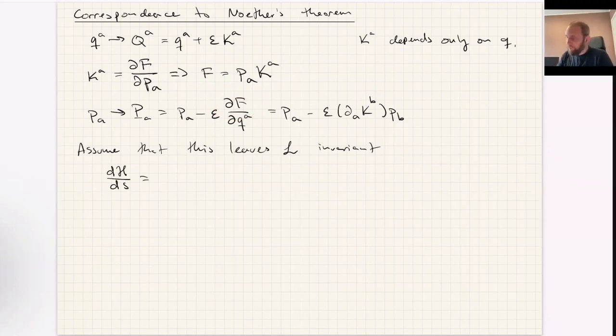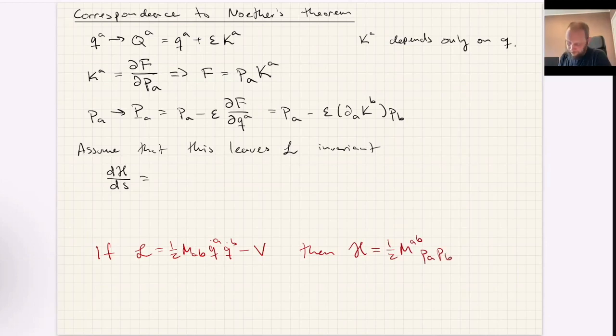So I get a particular Hamiltonian if I have a particular Lagrangian. If L is 1/2 M_AB q dot^A q dot^B minus V, then the Hamilton function is 1/2 M^AB p_A p_B plus V. So this is a function of the p's and the q's.